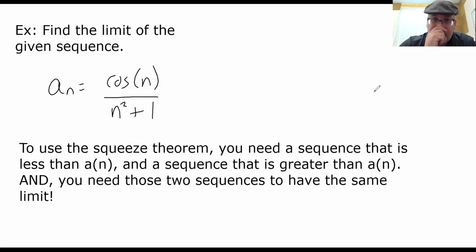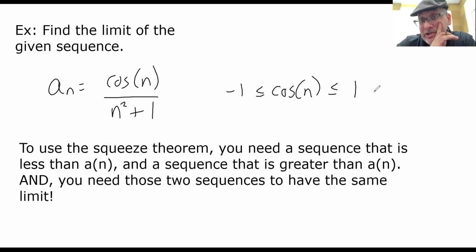Let's find out. Now, in order to sandwich this, we need to focus on the numerator in this particular example. You know that cosine has an amplitude of 1. It can only go up to 1, go down to -1, which means it doesn't matter what we put inside the cosine function, as long as it's a real number.